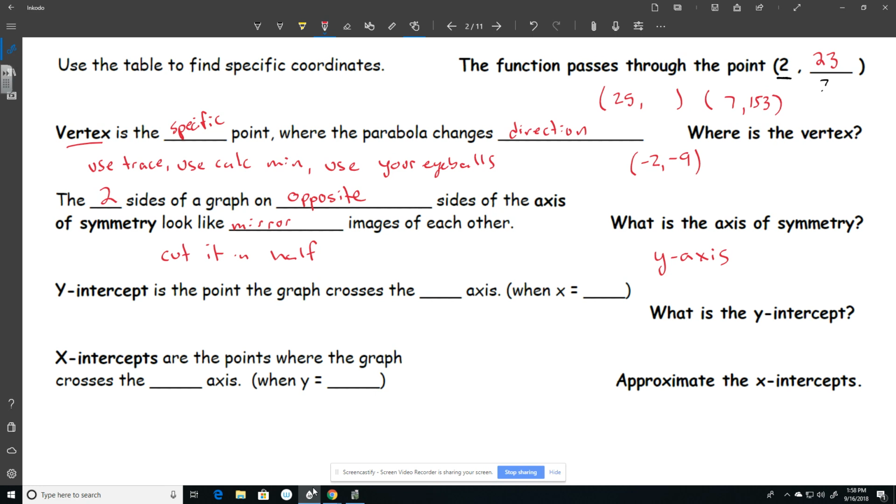Next thing it wants us to find is the y-intercept. And remember, the y-intercept is the point that the graph crosses, and here's where we need to be careful. It intercepts the y, so that's where it crosses the y-axis. But it crosses the y-axis when x is equal to 0. A lot of you want to say that the y-intercept is where y equals 0.